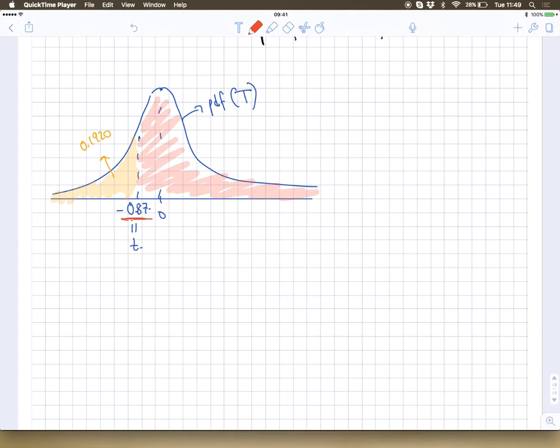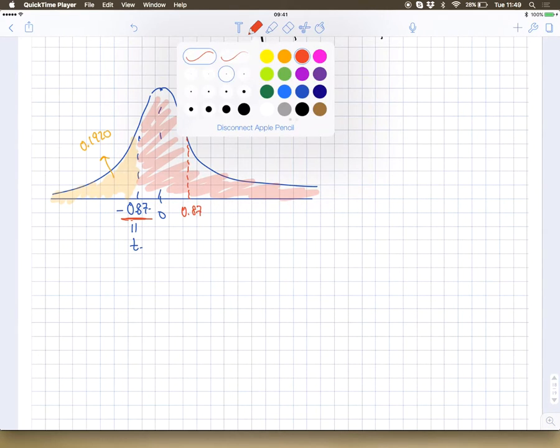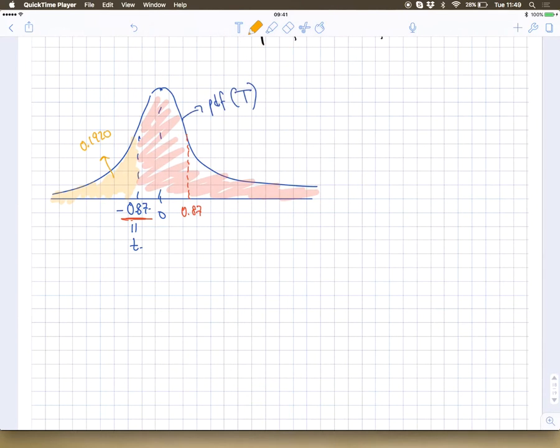I replicate the exact symmetric point here, which is 0.87, and then the p-value associated with that hypothesis will have to be this plus this. So this is 2 times 0.1920 if I add these two together.